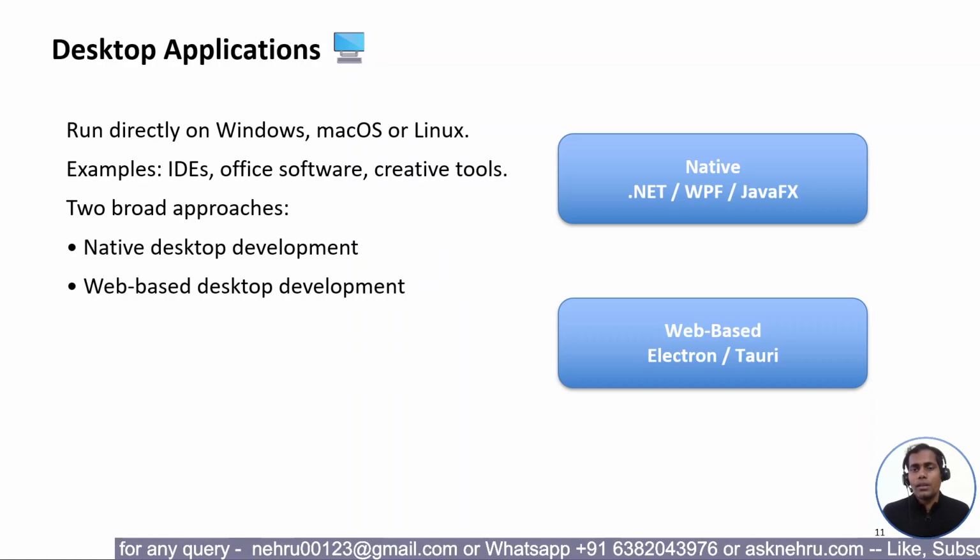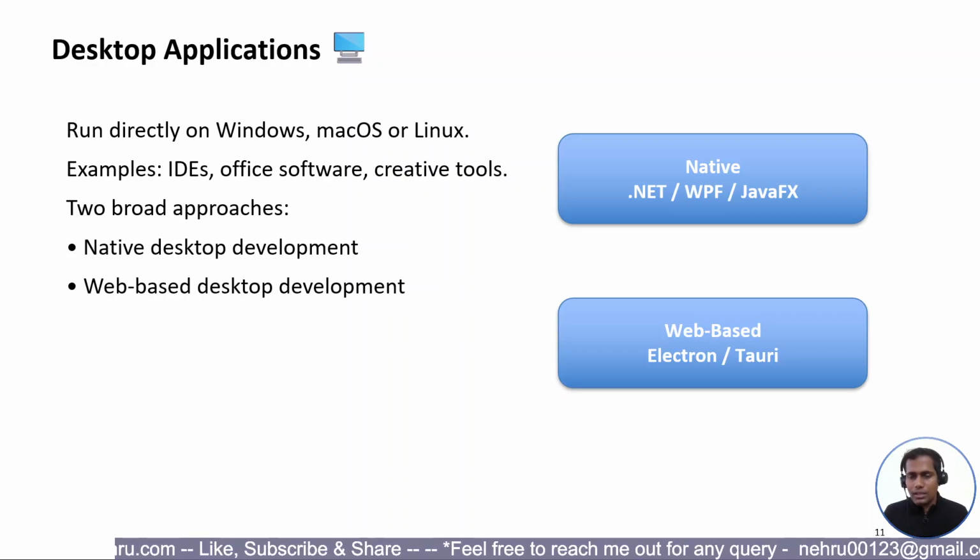Now, a desktop application is installed and runs on your computer. For example, Microsoft Word, Microsoft Office, IntelliJ IDEA, which you download and install, Visual Studio Code and Adobe Photoshop.